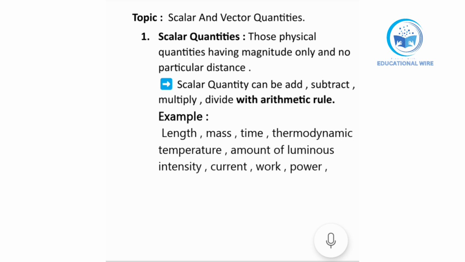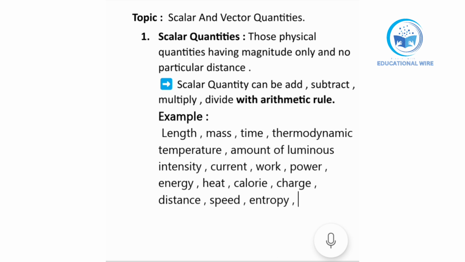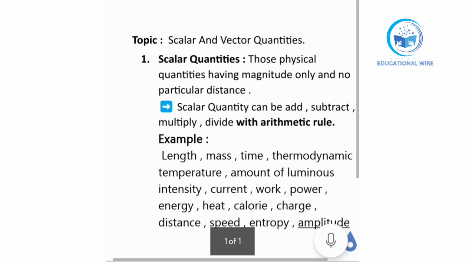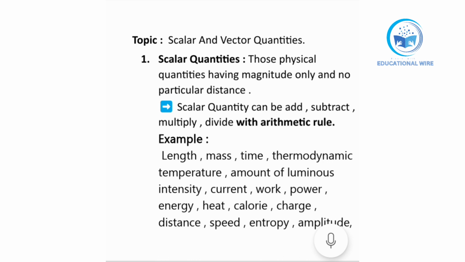There are so many examples of scalar quantity. Power, then energy, heat, calorie, charge, distance, speed, entropy, amplitude, wavelength, and light year.